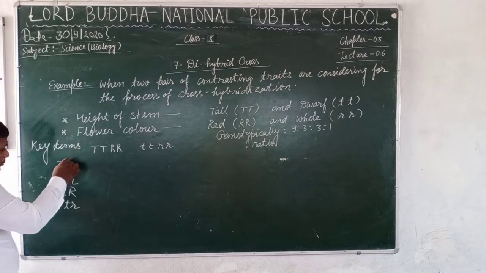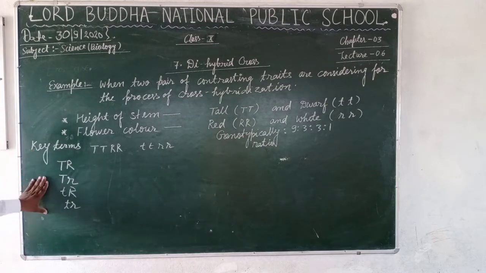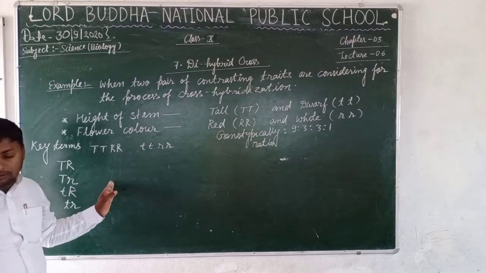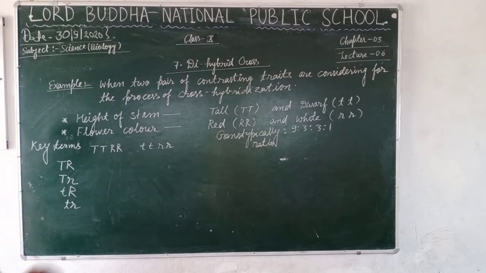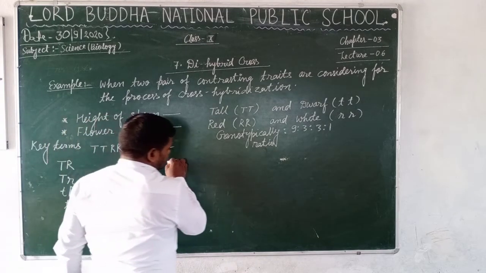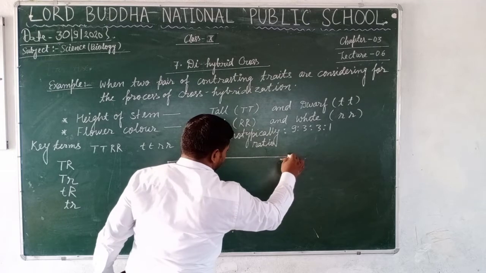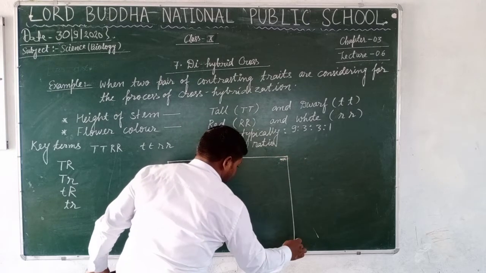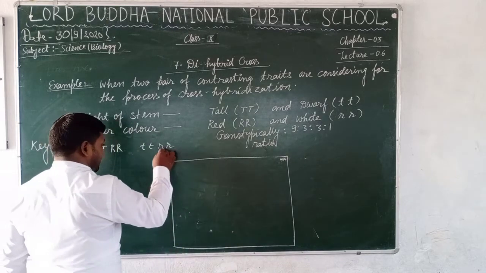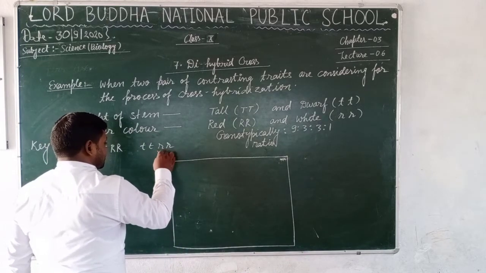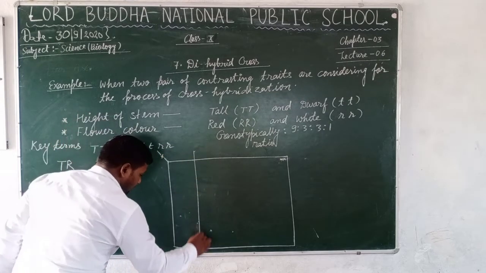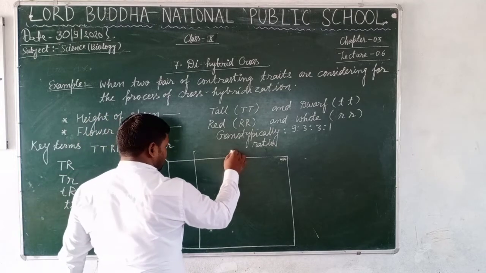These are the possible alleles that undergo in individuals. Now here I am going to draw the Punnett chart, about which I will tell you. This is the multiplication box called the Punnett chart. This is the symbol of cross hybridization, and here I am going to draw the 4 boxes.